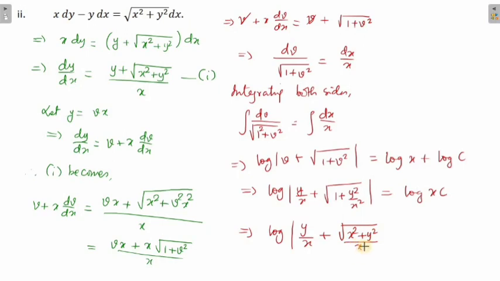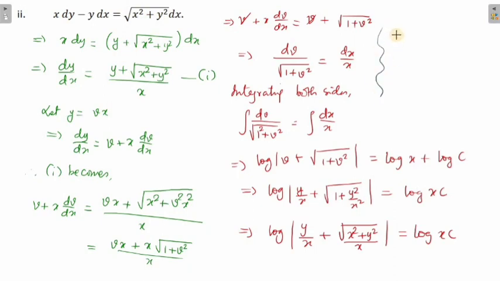Now how x? Because of the square root, actually we get LCM is x square, but because of the square root this becomes x. Okay, it is equal to log xc. Now just cancel log and log. So what you will get here is simple. See here carefully. So I don't have space, let me do it here.